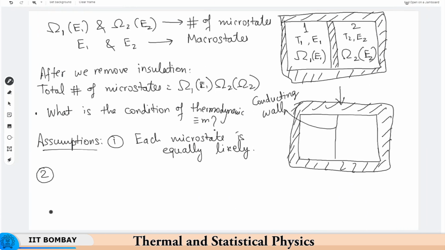The second assumption is that, remember we are dealing with a thermodynamic system, right, and it is evolving as a function of time, right. So, we are assuming that microstates keep changing with time, okay.